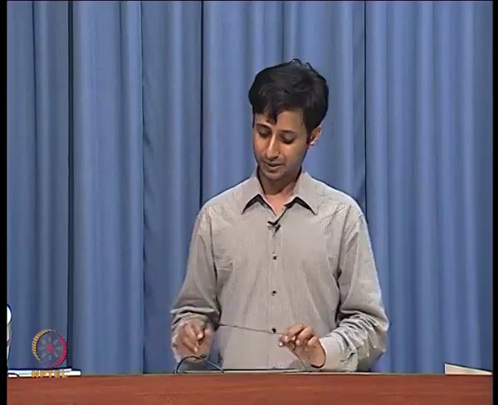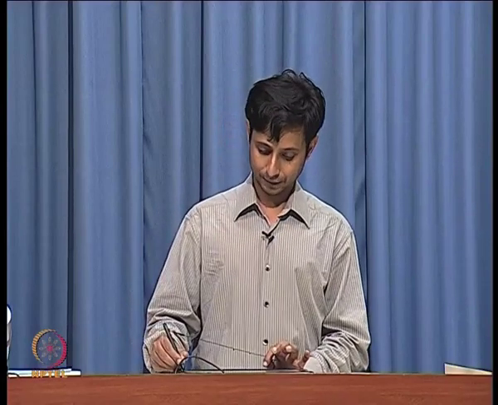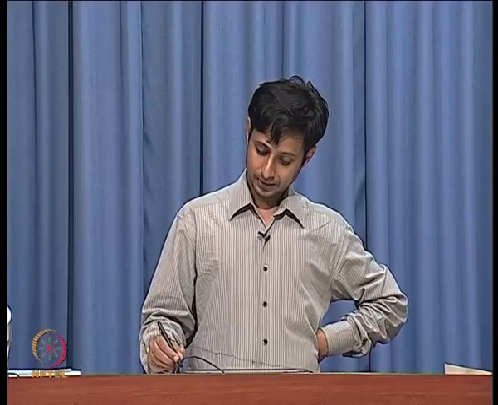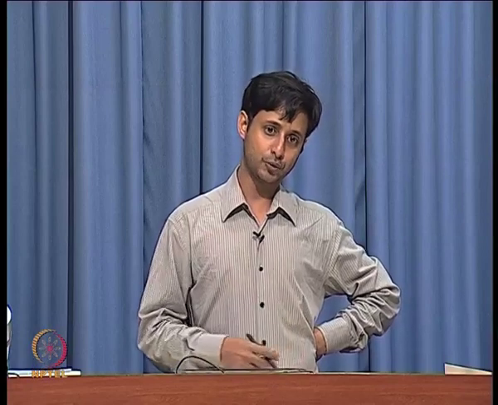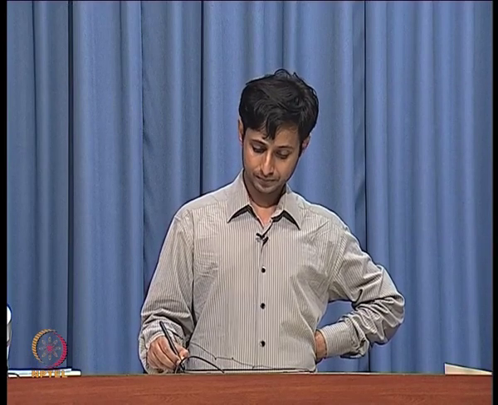So, that is a design point that you have to do. So, instead of choosing R1 as 1 kilo ohm, R2 as 10 kilo ohm, why didn't you choose R1 as 100 ohms, R2 as 1 kilo ohm, RS as 100 ohms, right. So, this and GM, why don't you choose it as 100 millisiemens and 2 kilo ohms RDS. So, we could have done that.